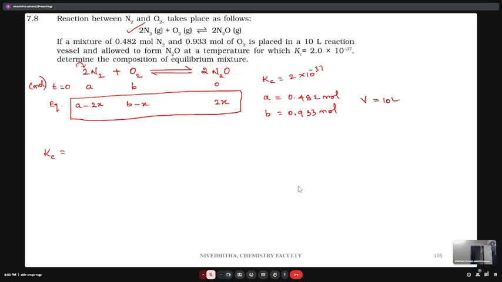So for that, first of all, we have to write the expression for Kc. What is Kc? Concentration of product divided by reactant. So what is the product here?